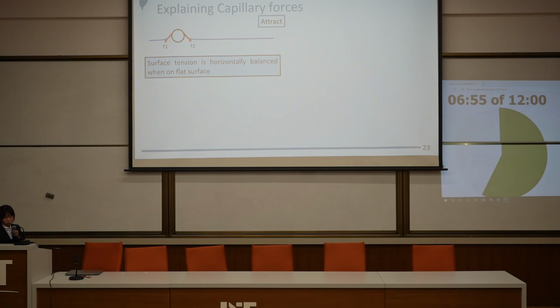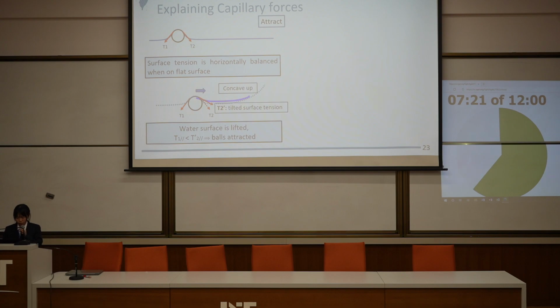When a particle is on a flat surface, the surface tension on each side should be horizontally balanced. When it meets a concave surface, the surface tension will try to reduce the surface area, so in order to pull the surface up, it causes a larger horizontal surface tension to the right, and so now they are not balanced anymore. So it will get attracted to the concave surface.